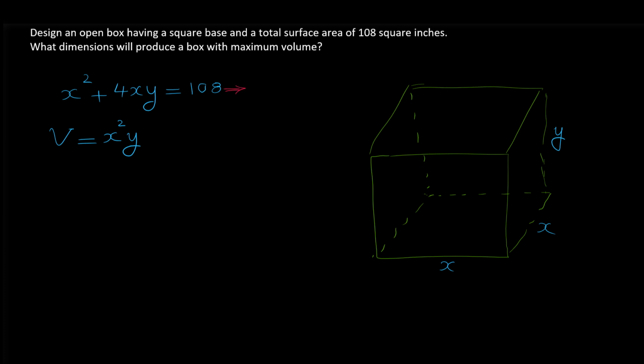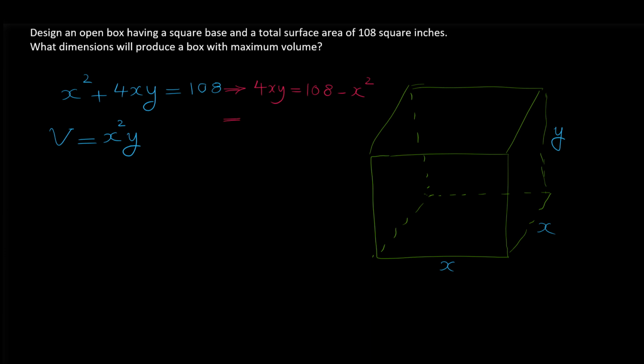If we use our constraint and isolate y, moving x squared to the other side of the equation, we have 4xy equals 108 minus x squared.